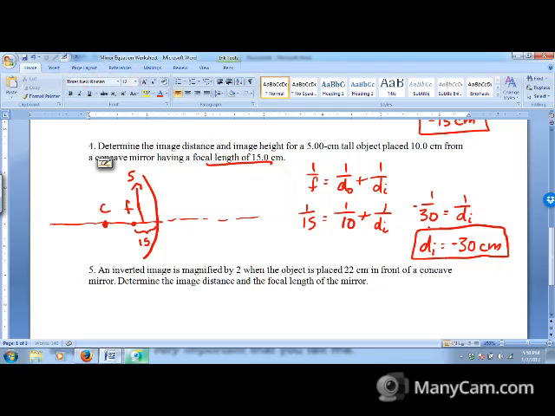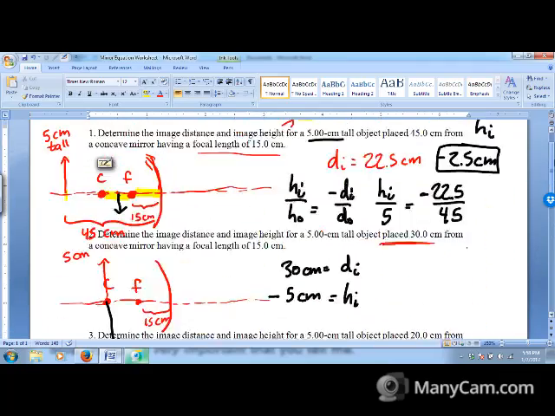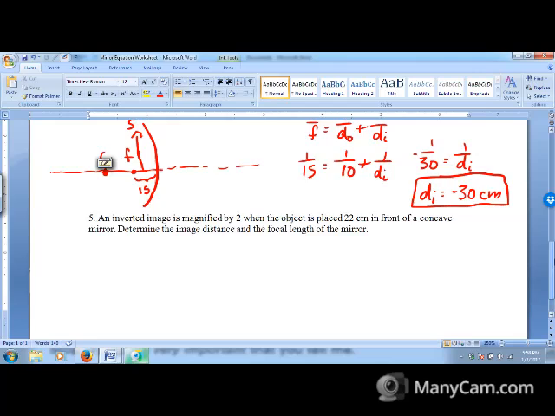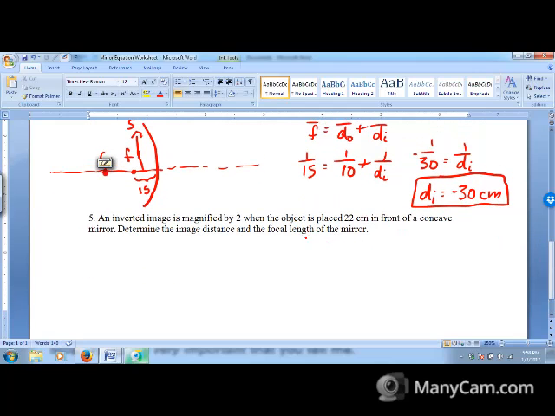Okay, now we're going to use the other equation, the magnification equation, to solve for the image height. All right? hi over ho is negative di over do. I know everything but my image height. My object height is always 5 centimeters for this case.